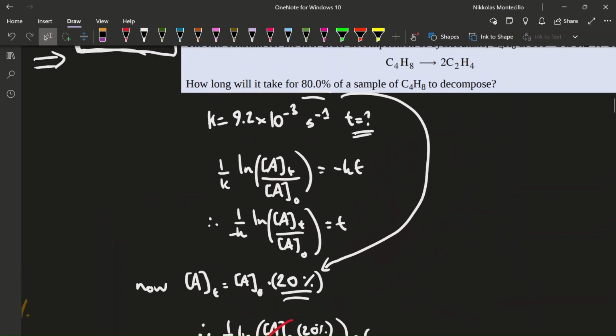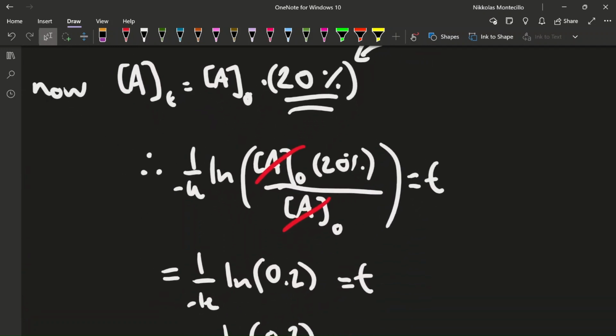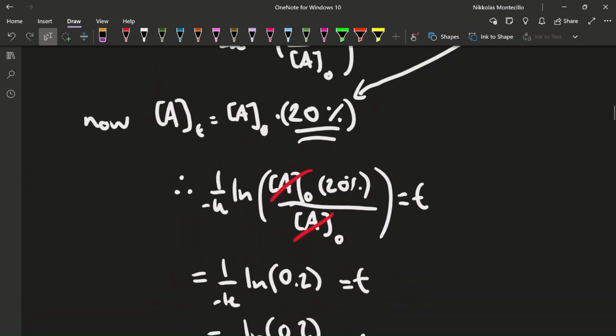Only 20% of the initial concentration remains, and that's why we recognize it as the concentration of A at given time t. From there, we cancel out the values by applying this in the formula.